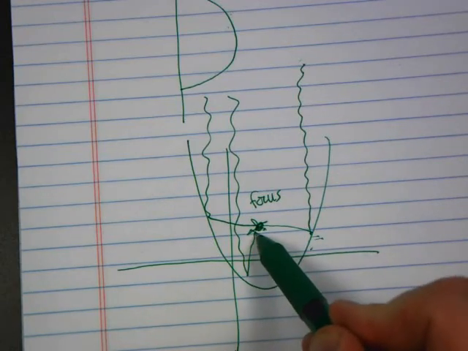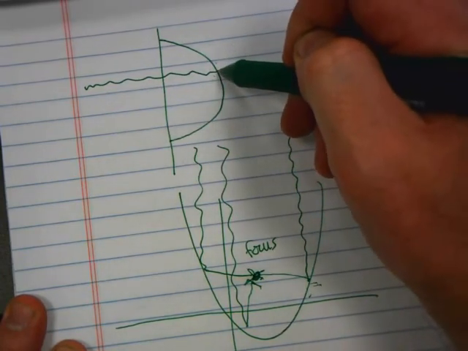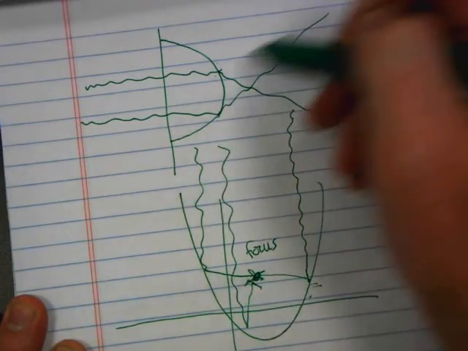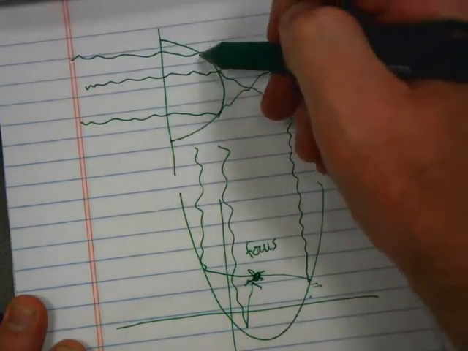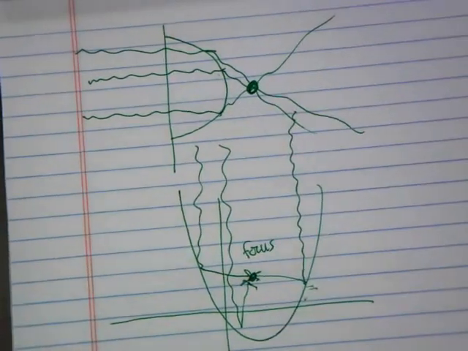Here's how your eye works. Light comes in, it hits this parabola, and it bends and goes that way. When it comes up here, it bounces and goes that way. The image all goes to one point, unless your eyes don't work correctly. What happens if your eyes don't work correctly? That's when you need glasses, or I wear contact lenses.